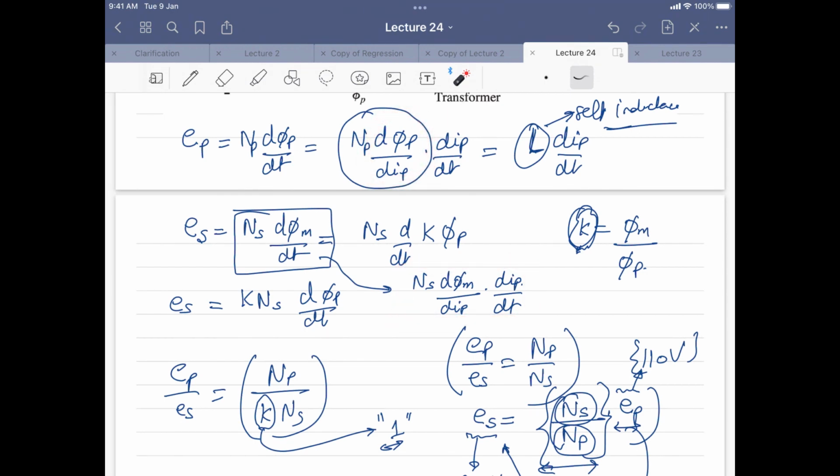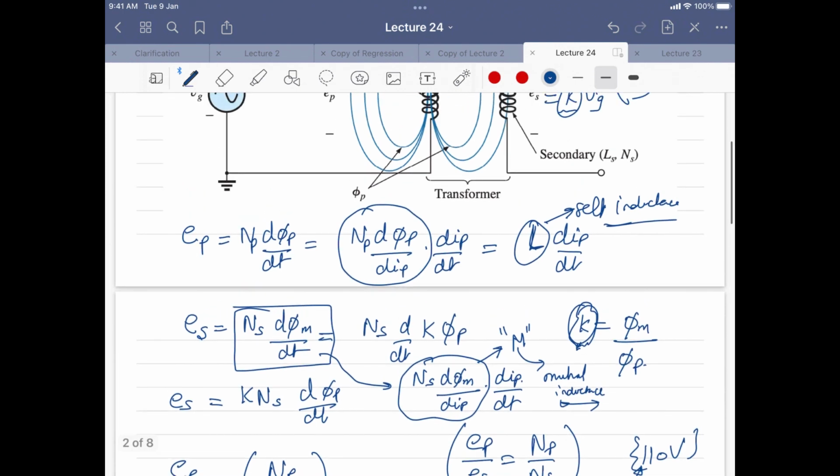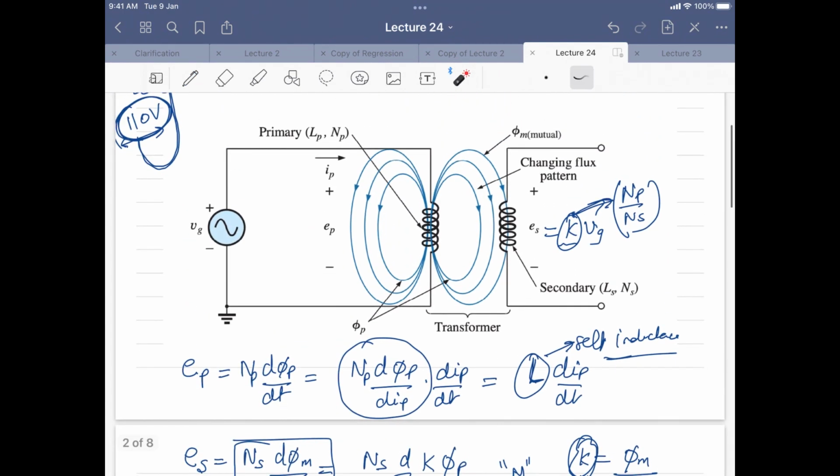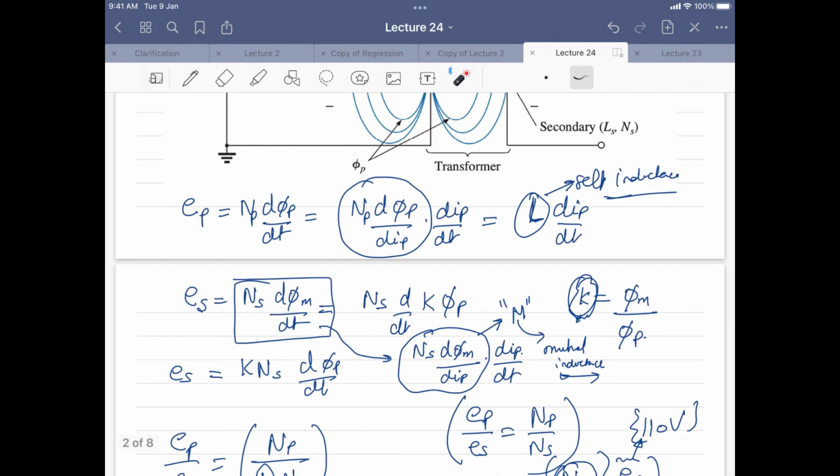Okay. So if I write like this, this particular term which is over here is not called L, it is called M. This is called mutual inductance, because it is coming up here because of the mutual flux which is generated in between the two.